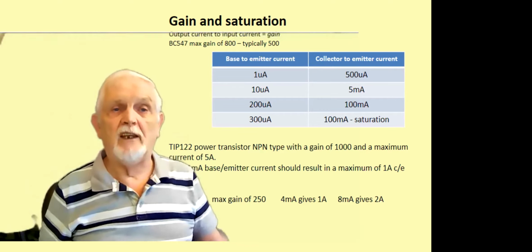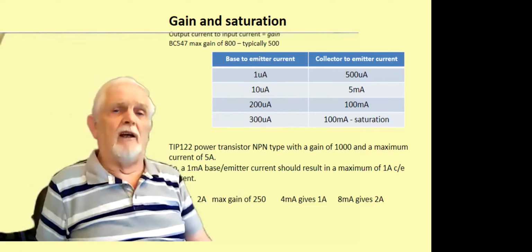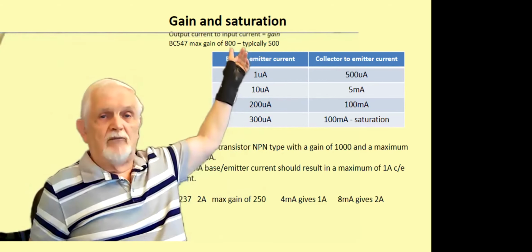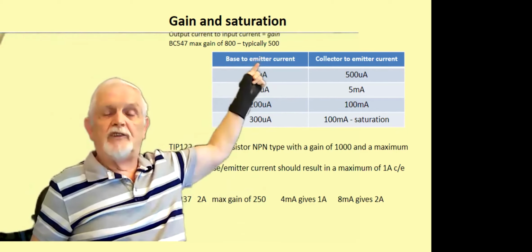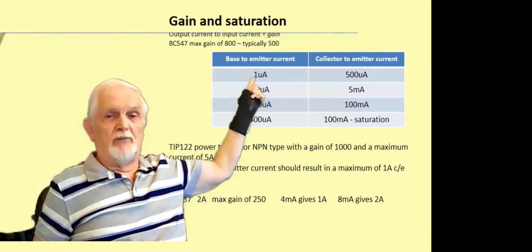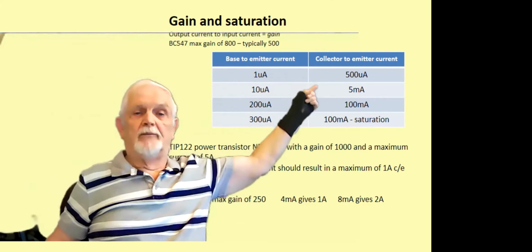And you can see there, a BC547, usually a gain of 500, although there's a range of them, but let's look at a typical 500 gain. That means if you only allow 1 microamp between the base and emitter, you get 500 microamps out.